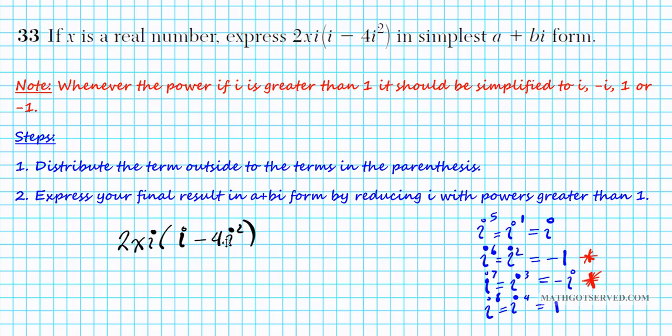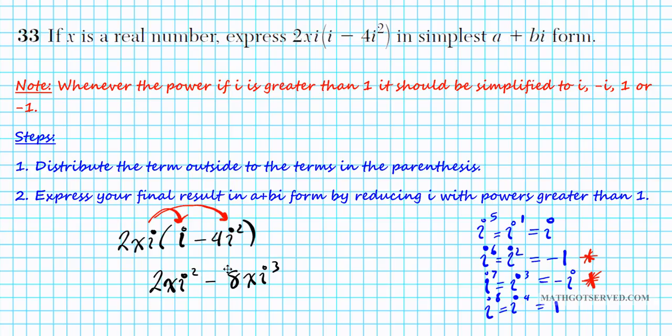You might want to reduce this, but just hold off on that for now. Let's distribute first and reduce later, so don't keep on reducing over and over again. So we just distribute this 2xi to both terms in the parentheses. So that yields 2xi squared minus 8xi to the third.